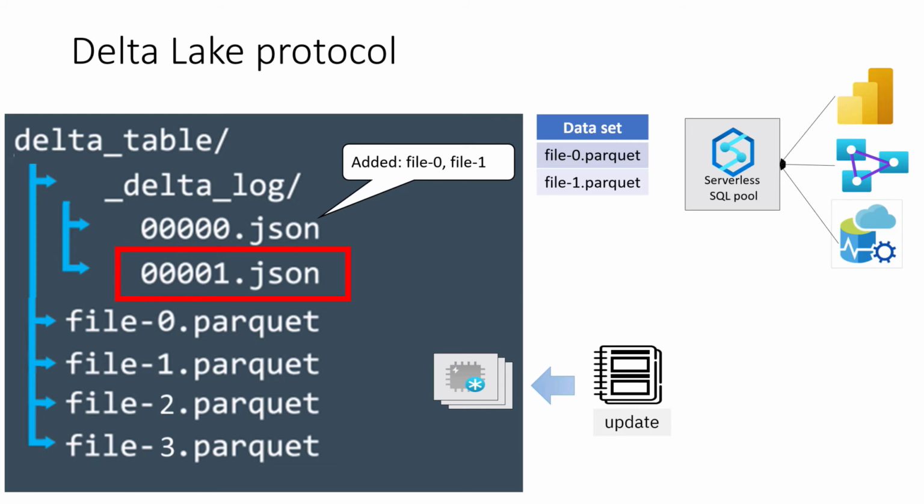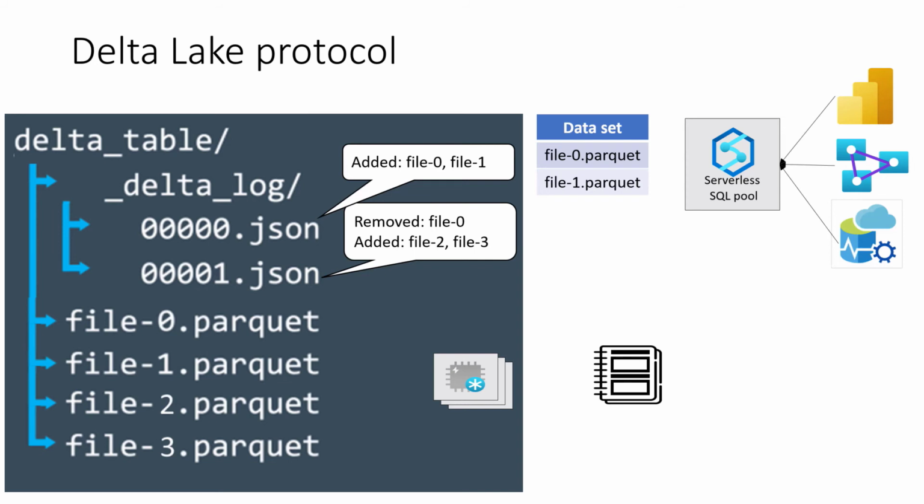Now, when this operation is committed, we have these new files, we have this new JSON log file that contains information that we removed file 0 and added file 2 and file 3.